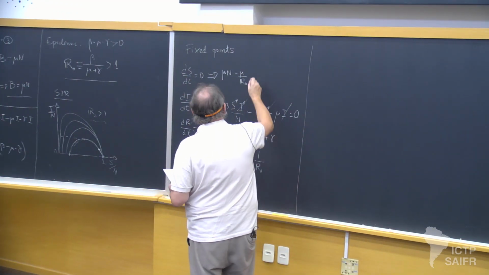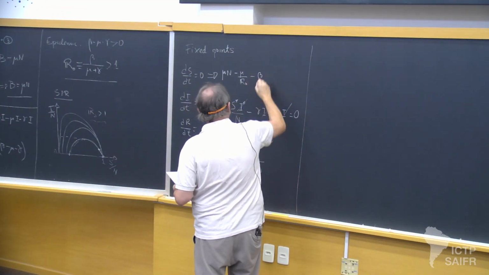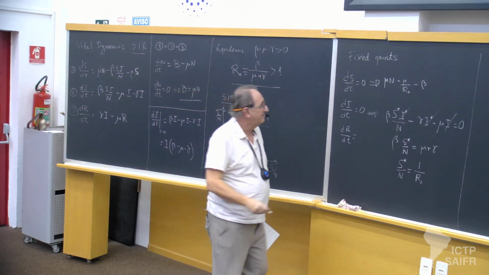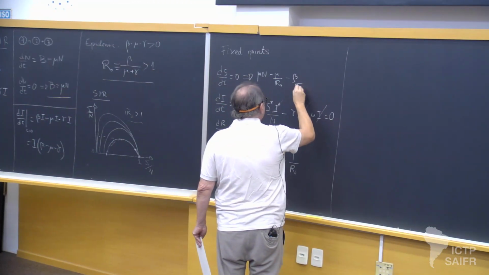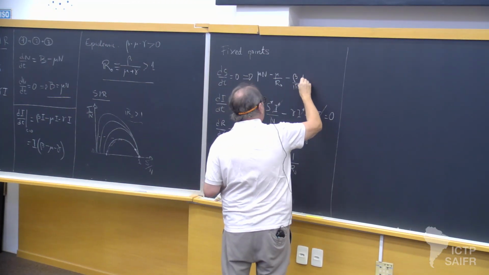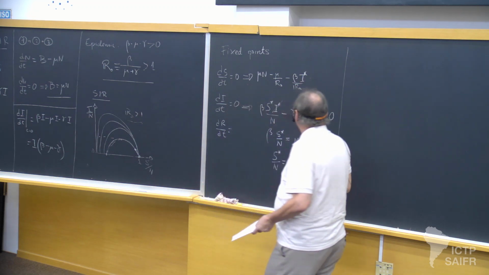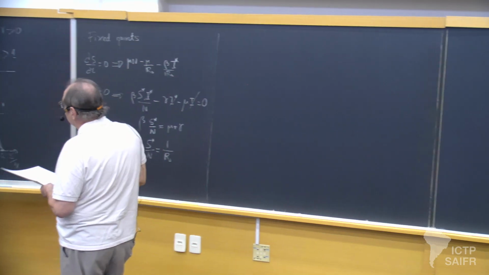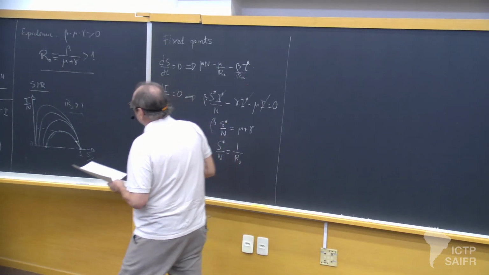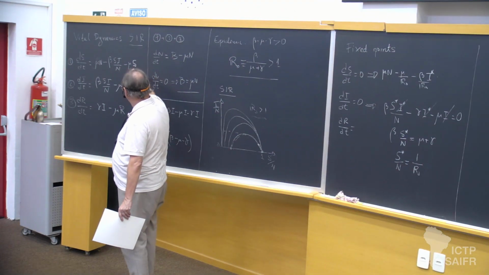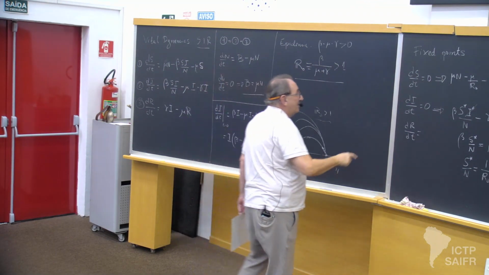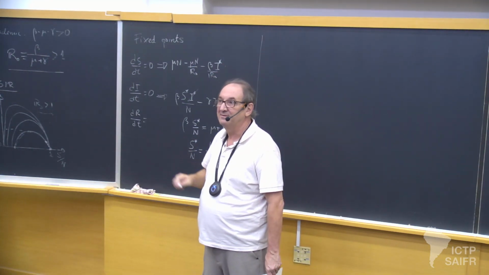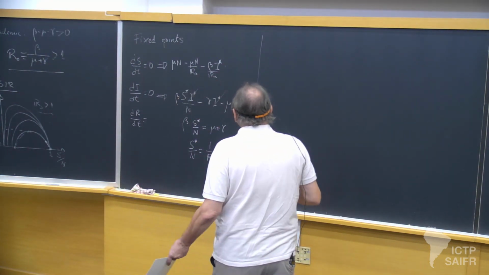And the last term is minus beta times S over N, which is 1 over R0, times I star. Error: I wrote this, but there is an N here, because it's S over N. So what is this?